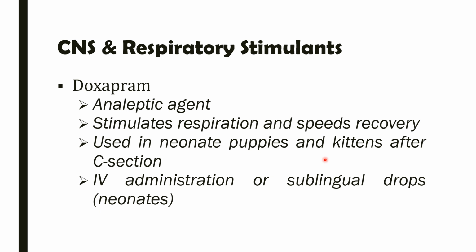So for example, a dose of the drug can be placed under the tongue, similar to naloxone, if we intend, for example, to reverse opioids. Again, this is used to revive the neonates in C-section. It can also be given IV or as sublingual drops for neonates.